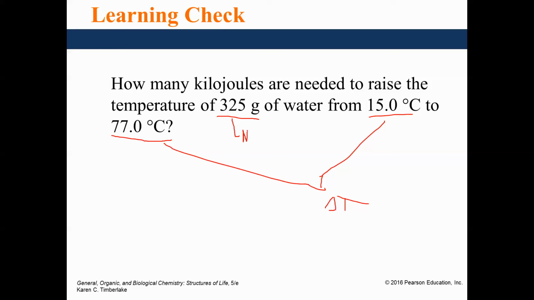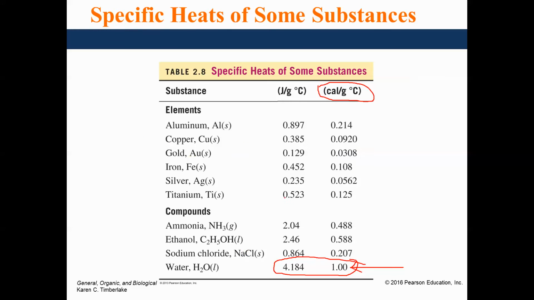And here is the mass of our water. The other quantity that we need in order to solve this problem is the specific heat, and we can refer back to the previous page. The specific heat of water, let's use joules here, is 4.184 joules per gram degree C.